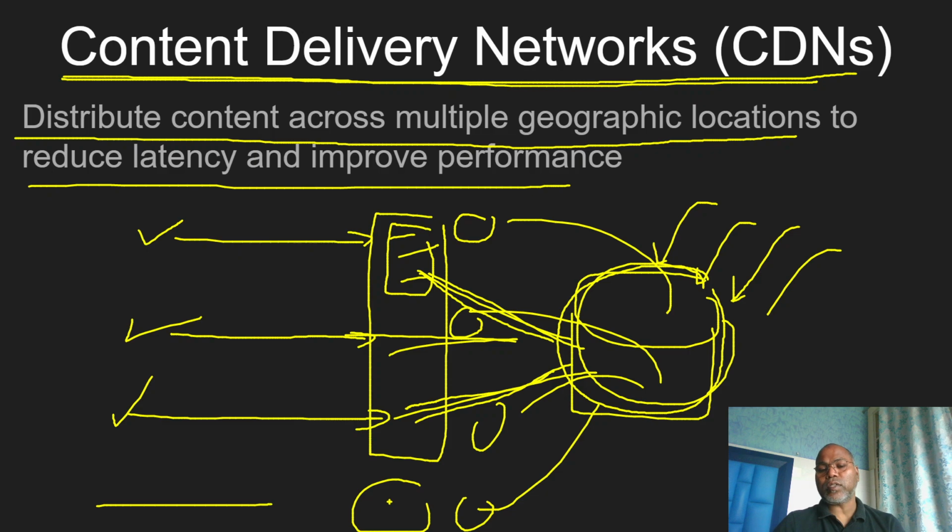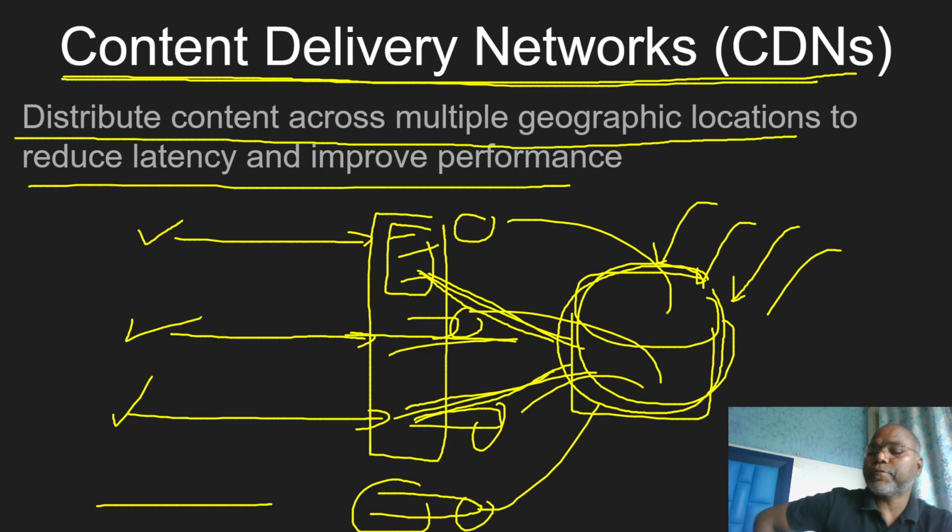Now every request gets its photographs, images, and HTML from the local server. Users feel a better experience because images, photographs, HTML pages, and JavaScript code load quickly. So this is such a network.